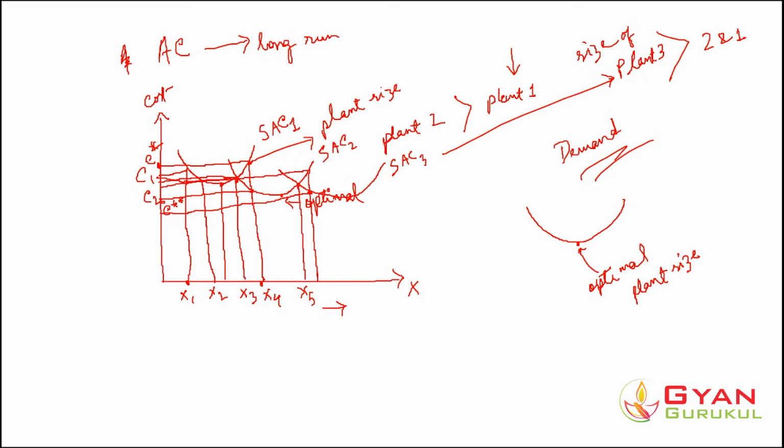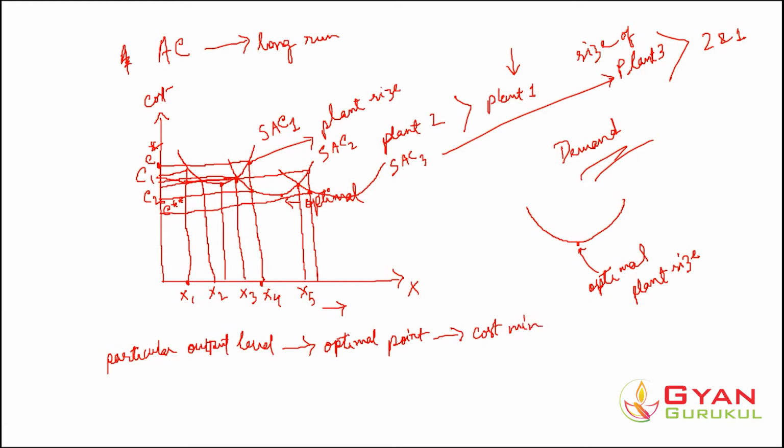So remember one thing, in this way we can show that for a particular output level to produce, there is an optimal point for the producer where the cost is minimum.